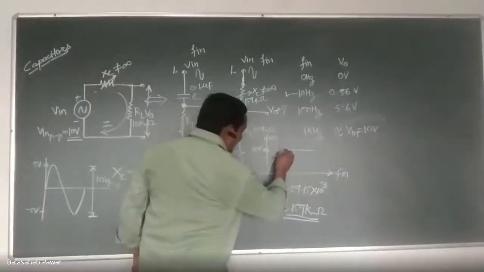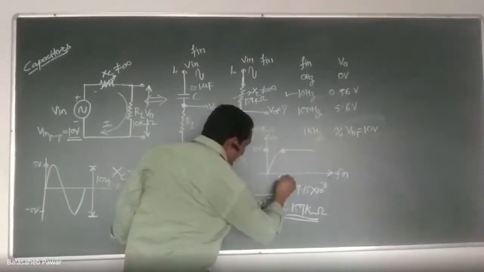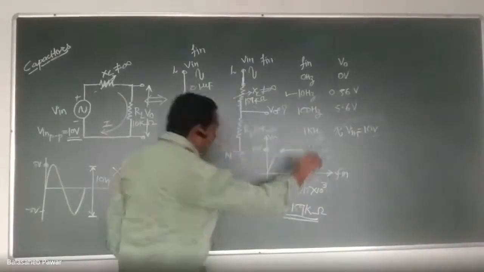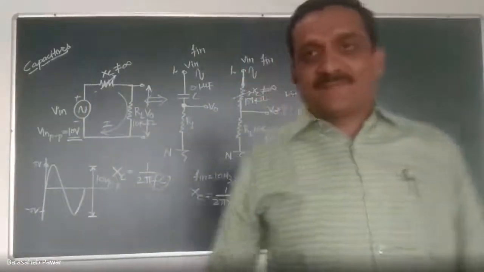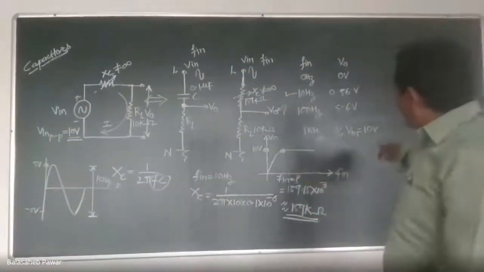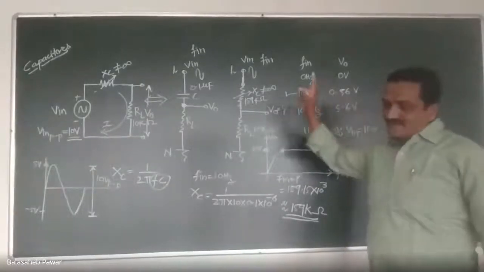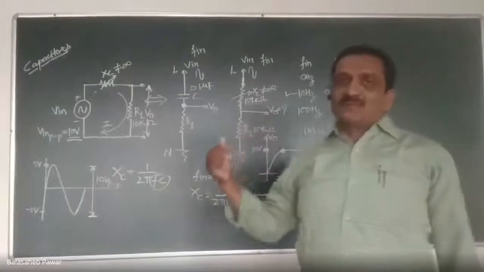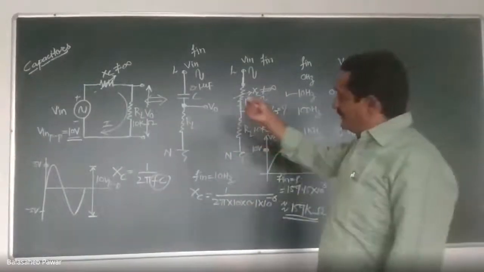Now, can you determine the frequency at which you are getting output equal to input, and later on it will remain equal to input? Because here the expected output was 56 volt, but as I told, the obtained output never exceeds the input, as it is a purely passive network.